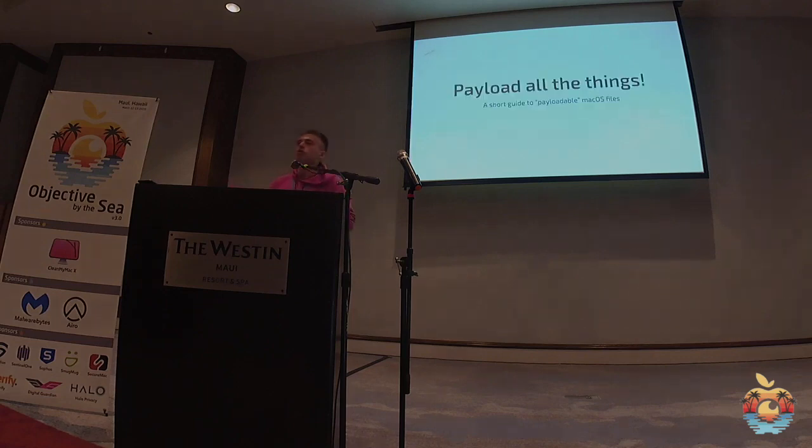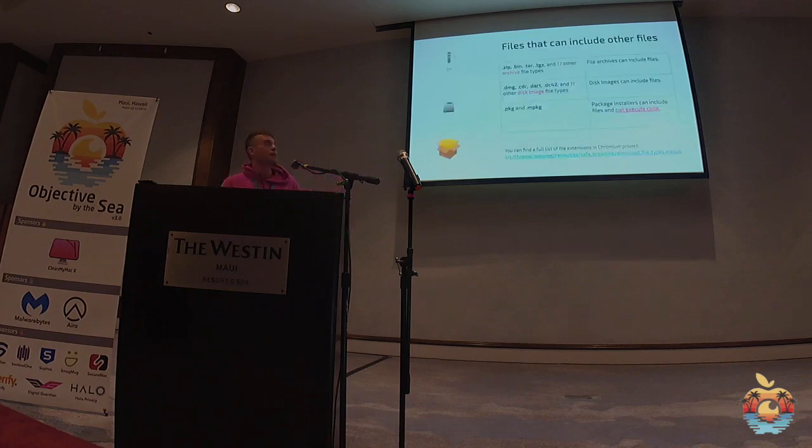Since we're talking about files, it's important to understand which files we operate with, which options we have. We can split all possible macOS files into two categories. The first category is files that can include other potentially harmful files.